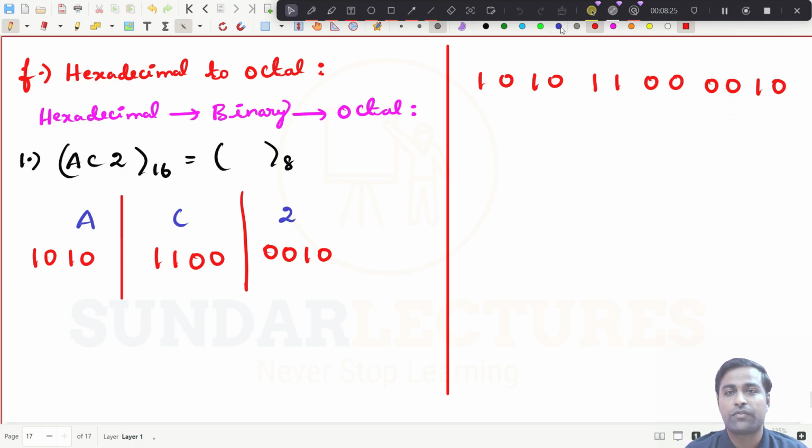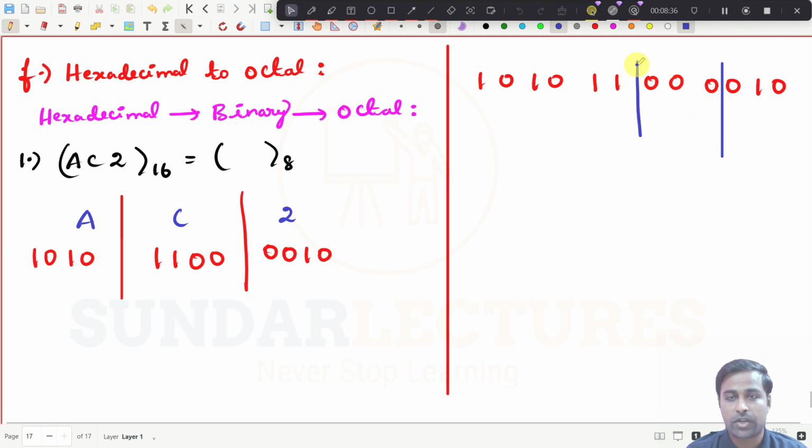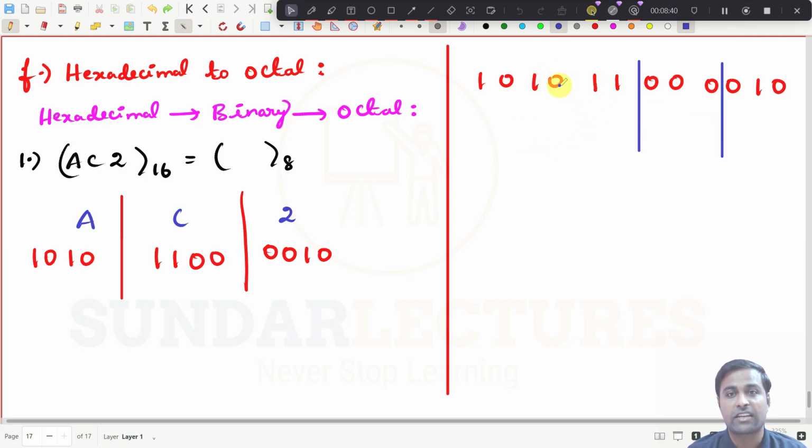What you need to do? If you need to convert this into octal, then you have to split it by 3 values, because octal comes here. So 1, 2, 3, you put a line here. 1, 2, 3, you put a line here. 1, 2, 3, you put a line here, and you straight away have 3 values. So no problem.